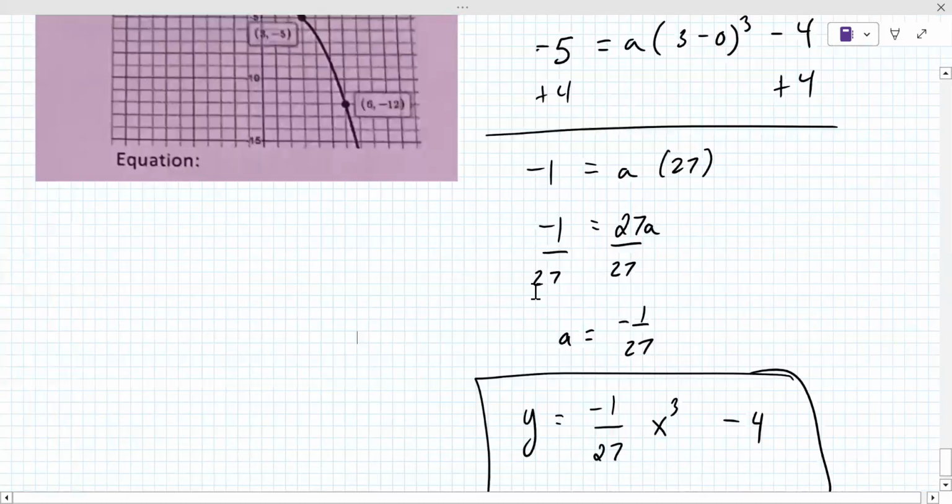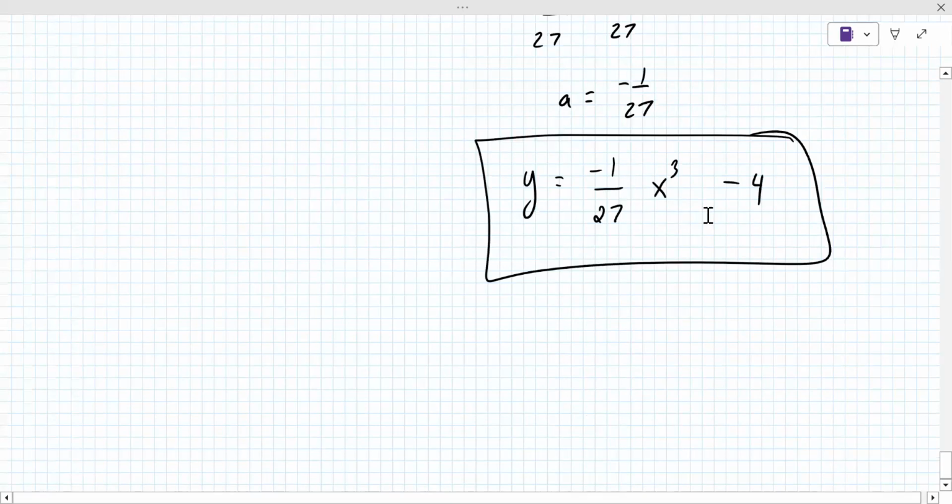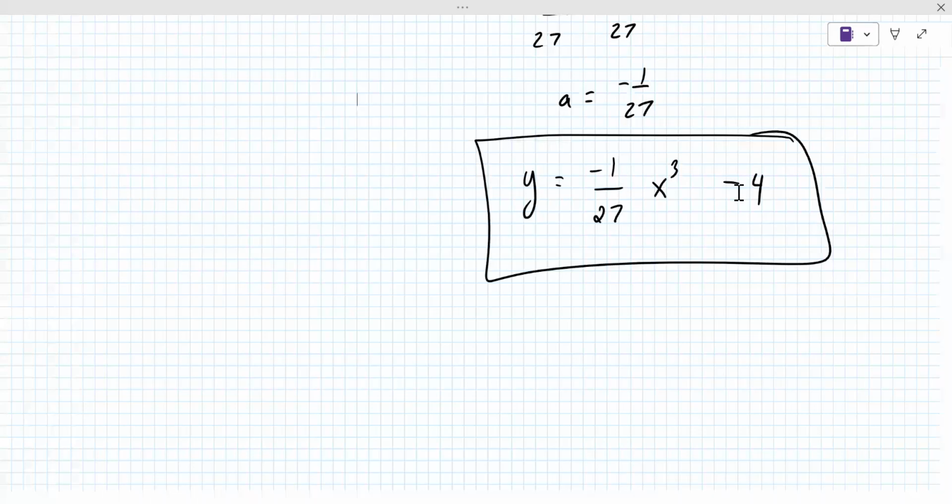Yeah. We've not really been writing down the transformations, but you can see it's reflected over the x-axis, vertical shrink by 1/27, down 4. Is that unclear, or do you want us to go through that more formally here?